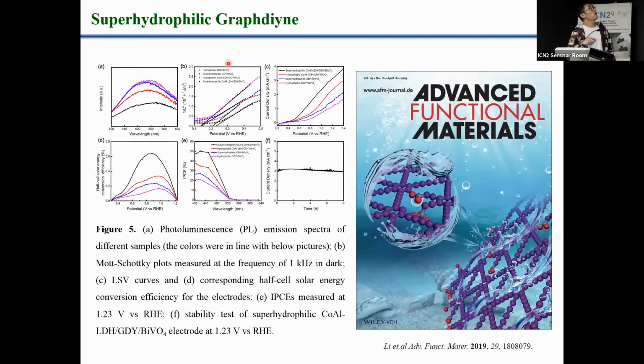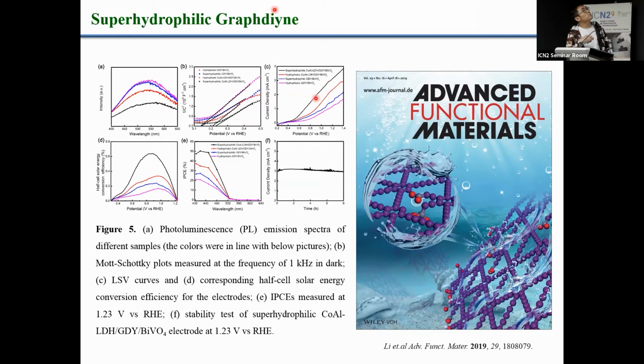And then next, we also extended the superhydrophilic graphene to the PEC cell. We still used bismuth vanadate as the substrate, synthesized the graphene on the bismuth vanadate, and used oxygen plasma to treat it. And we assembled the cobalt aluminum LDH, and this is the activity.